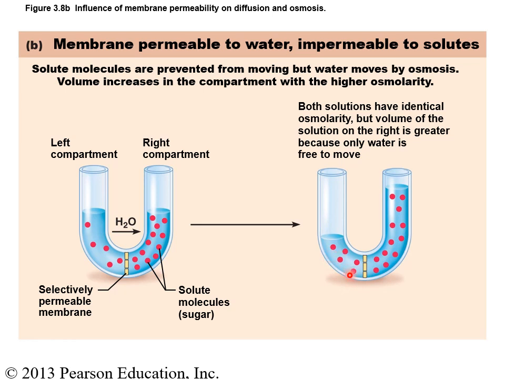So remember, the definition of osmosis is the movement of the water from a region of low concentration of solute to a higher concentration of solute, which is what you see it has done here, through a semi- or selectively permeable membrane that's permeable to water but not permeable to the solutes.